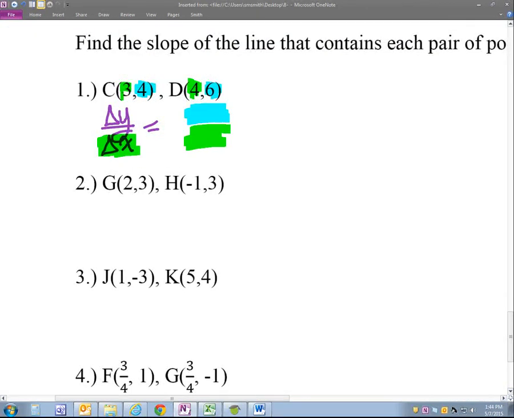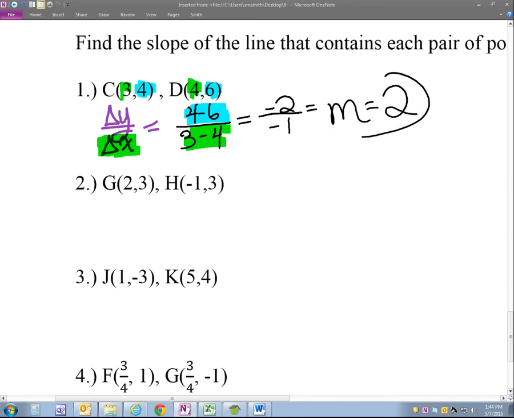So we have 4 minus 6 over 3 minus 4, negative 2 over negative 1. The slope of that guy is 2. That's right, because when you divide a negative by a negative, you get a positive.